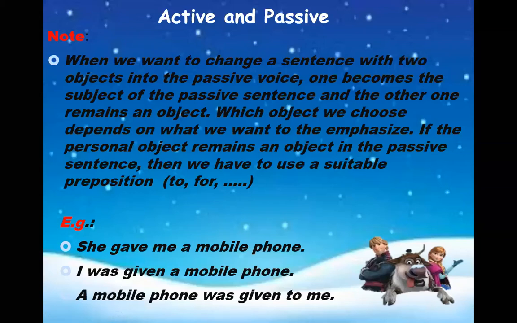As you are asked to do, or which object do you want to emphasize. Like this, I can say I was given a mobile phone. I started with I, or a mobile phone was given to me. They are the same. If you are asked to start with I in the exercise, for example, you have to use I at the beginning.